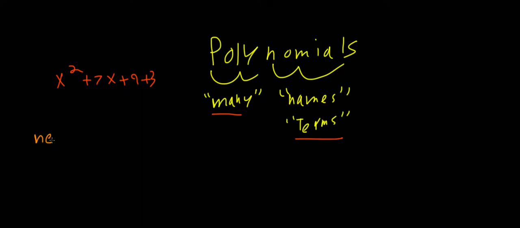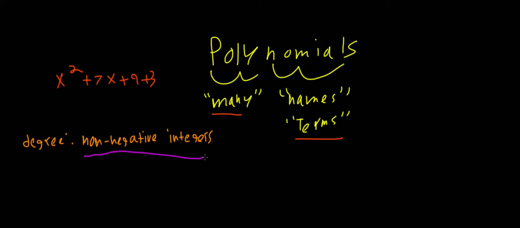The degree has to be non-negative integers. This is very important. So once again, anything with multiple terms is a polynomial as long as it meets the requirement of non-negative integers as the degree.